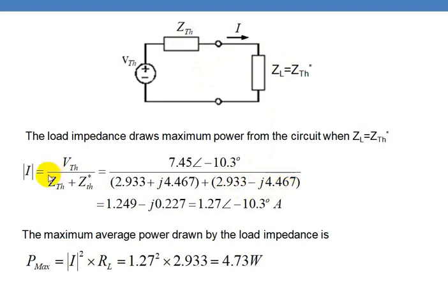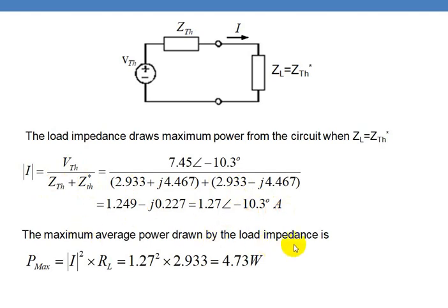The current in this circuit will be equal to VTH divided by the total impedance, that is ZTH plus ZTH star. So you divide this voltage by ZTH plus its complex conjugate. This comes to be around 1.27 at an angle of minus 10.3 degrees amperes.